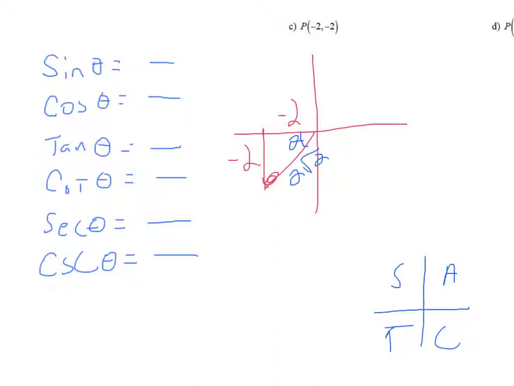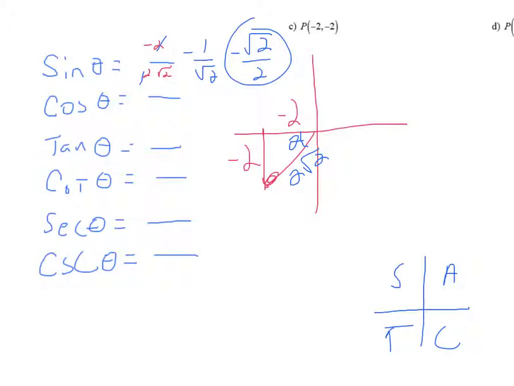Okay, so to fill in this table, I know the sine is the opposite over the hypotenuse, so negative 2 over 2 square roots of 2, I'm seeing that the 2's will cancel out. So I'm left with negative 1 over the square root of 2, which rationalizes to negative root 2 over 2.